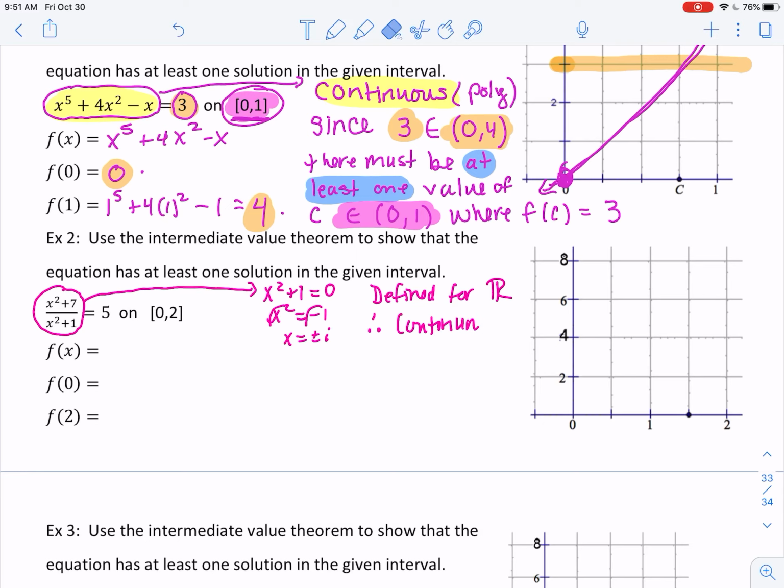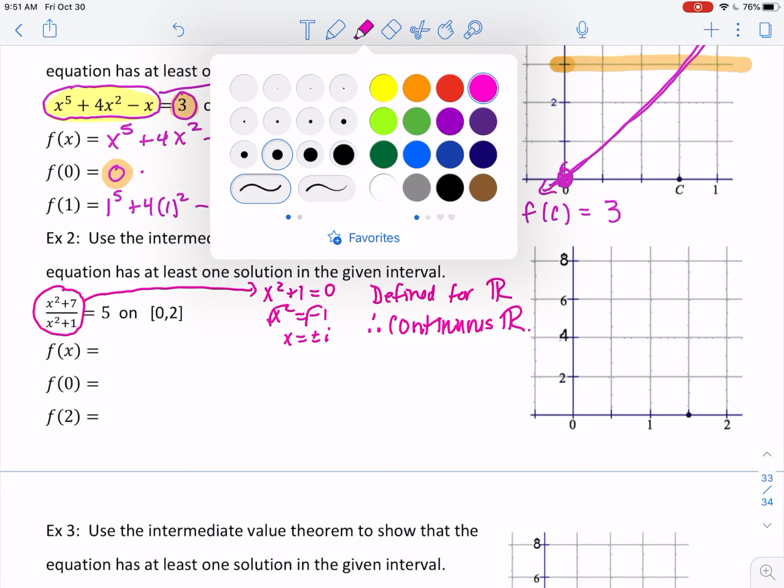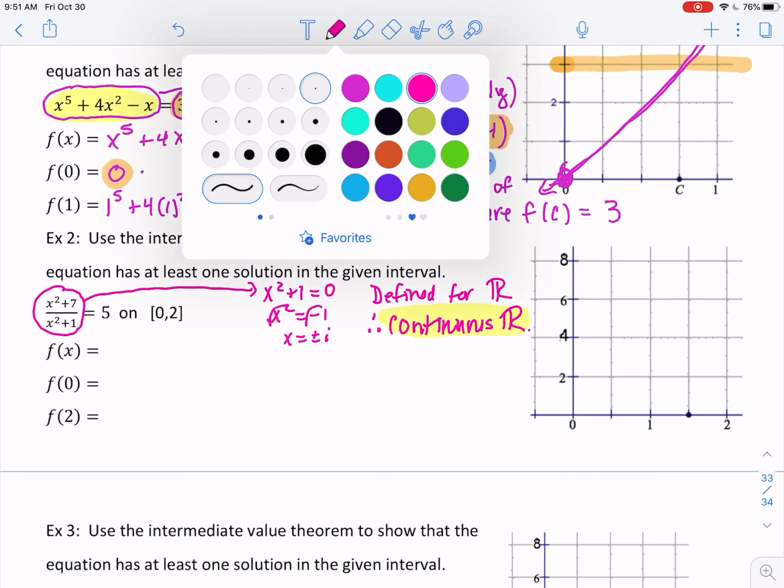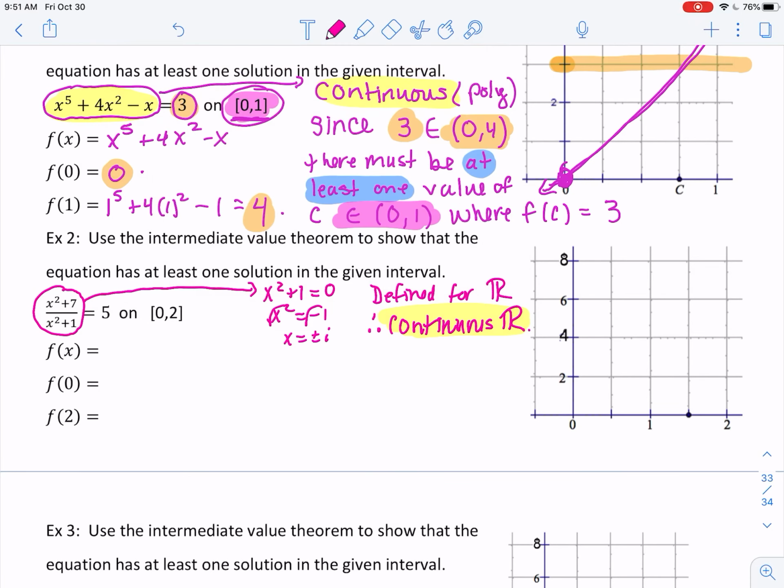I can't read what I'm writing here. Sorry. Therefore continuous for all real numbers, okay? So we have our continuity statement. We know that it's continuous. So now we're going to do f of 0.